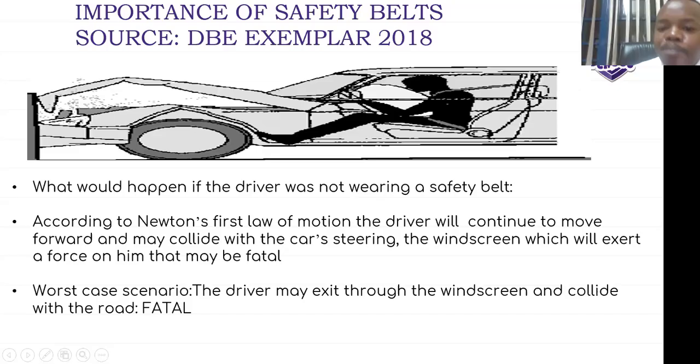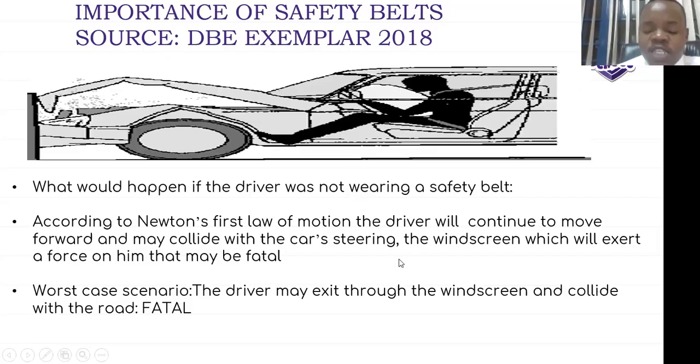And in other cases, if the force is really, really large, then the driver will experience an injury that is quite fatal.